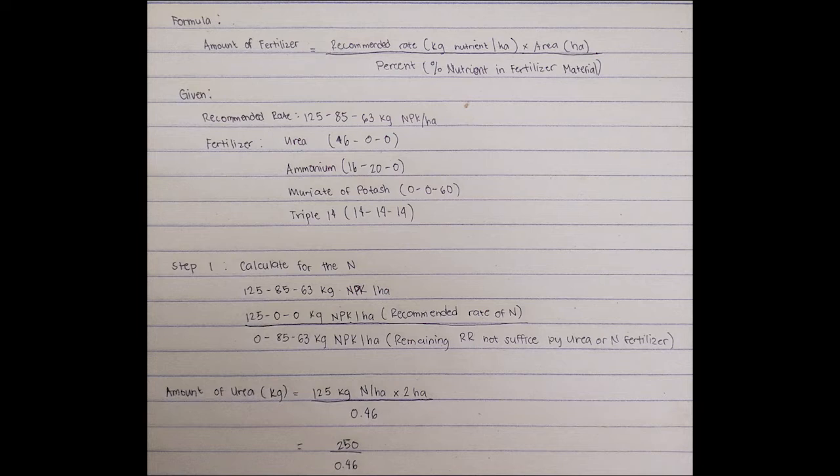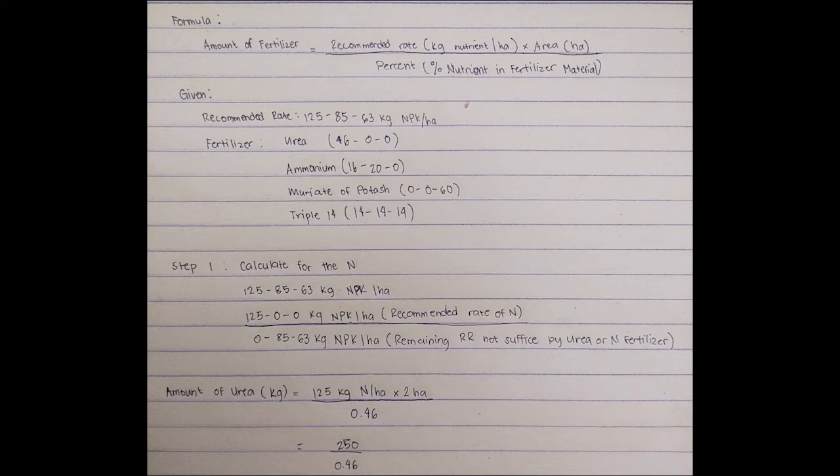per hectare. Step 1. I choose N. I use single element fertilizer computation. So I have the recommended rate of 125, 85, 63. I determine first the amount of urea that I will use in the field, so the recommended rate for nitrogen in a hectare is 125. To meet the 125 kg nitrogen per hectare, I use urea, since urea contains 46% nitrogen.